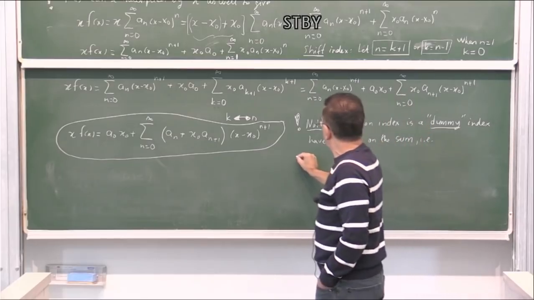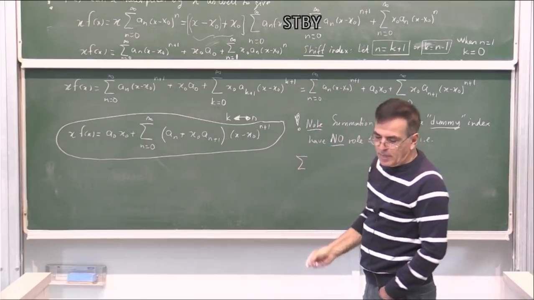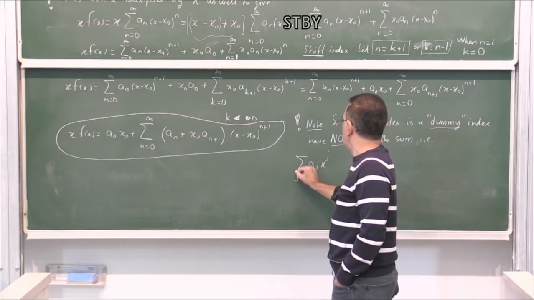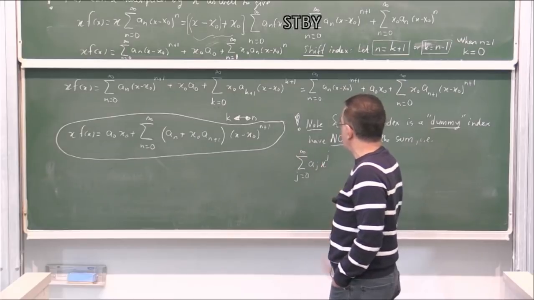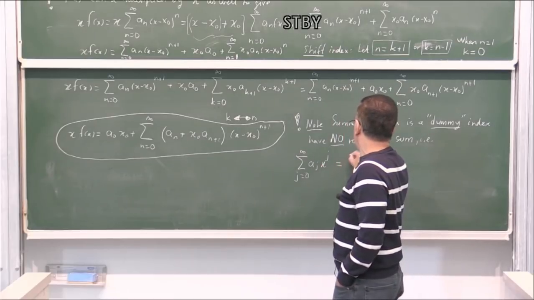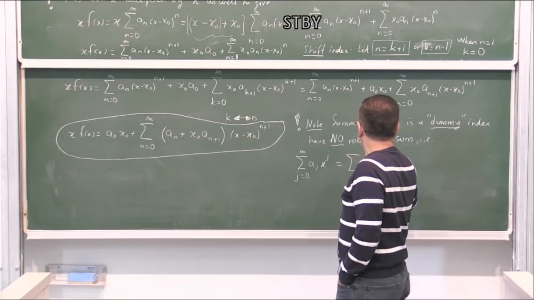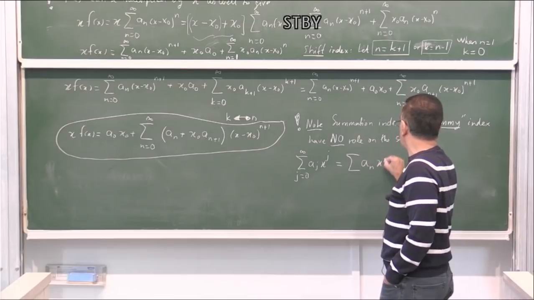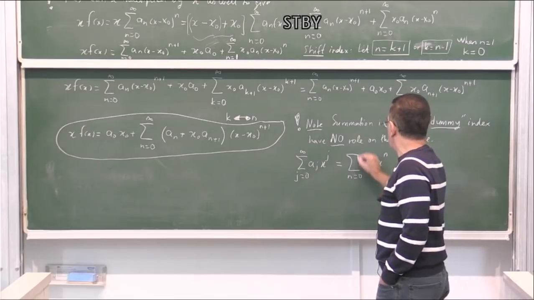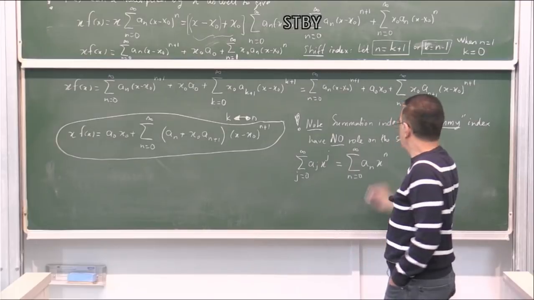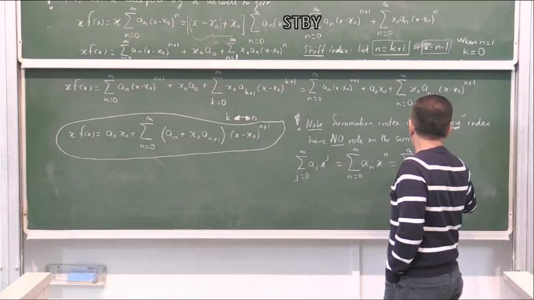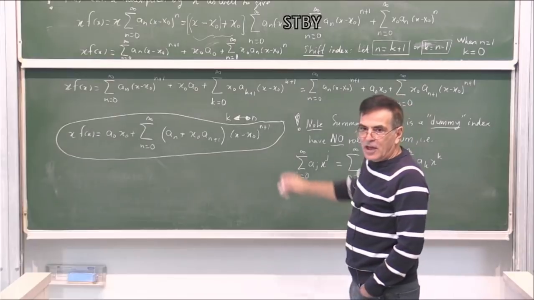I mean this, if you write, for example, a j x to power j, j from 0 to infinity, you can change the summation counter without any trouble, a n x to power n from 0 up to infinity. Good? They are the same. Or you can use k from 0 to infinity, a k x to power k. They are all the same.